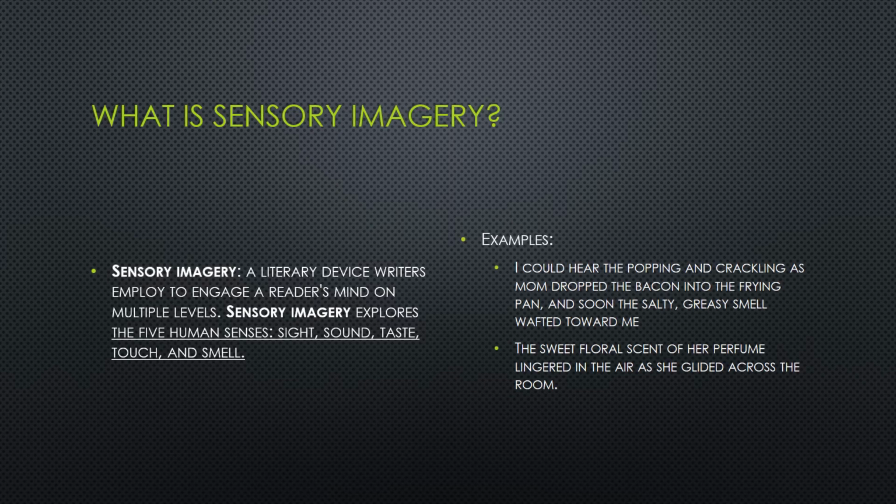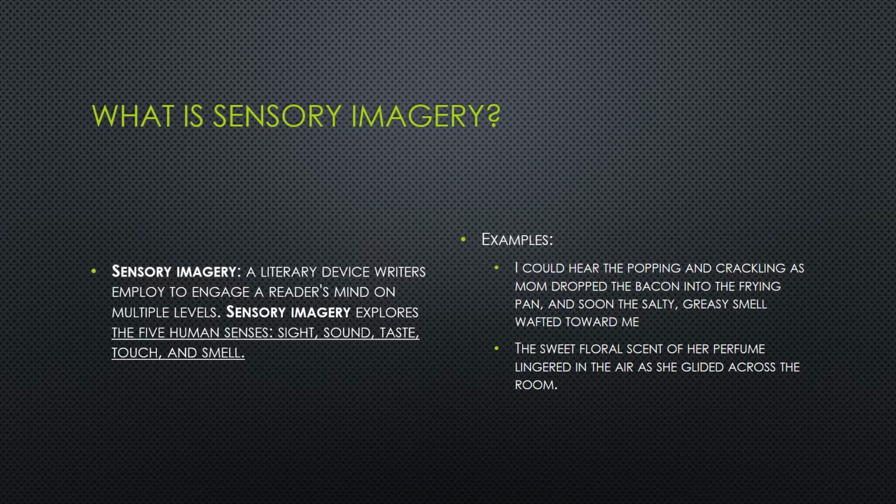So examples, the first one: I could hear the popping and crackling as Mom dropped the bacon into the frying pan, and soon the salty, greasy smell wafted toward me. So in this sentence, we know that the mom is in the kitchen cooking bacon. The writer of this sentence decided to include the sounds that they heard when the bacon was cooking.